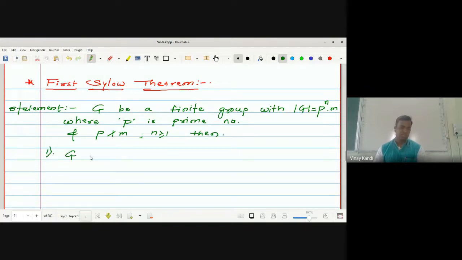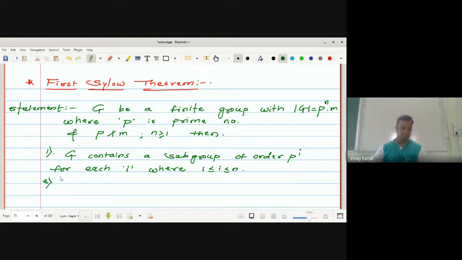First, G contains a subgroup of order p raised to i for each i, where i runs from 1 to n.